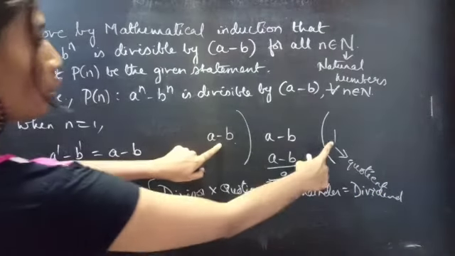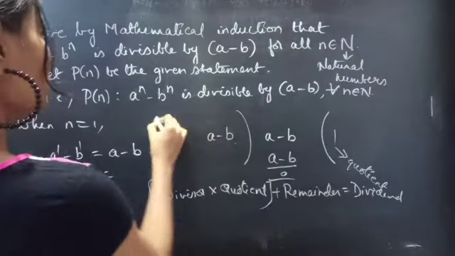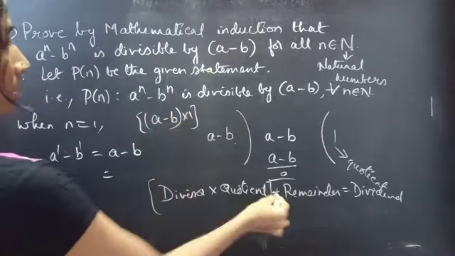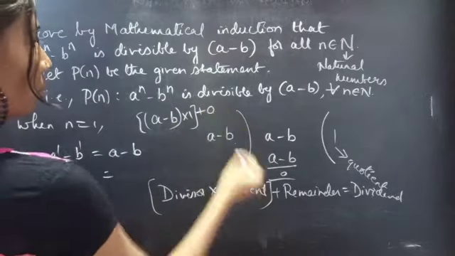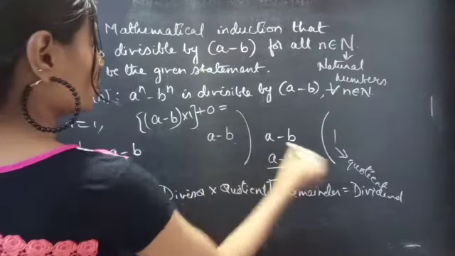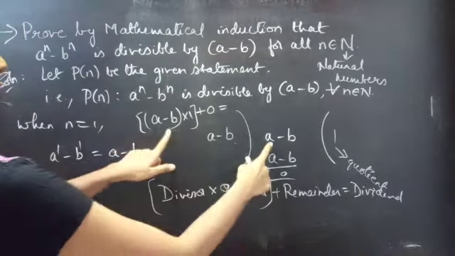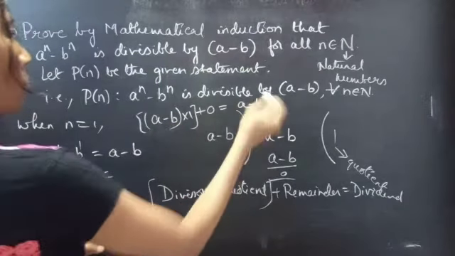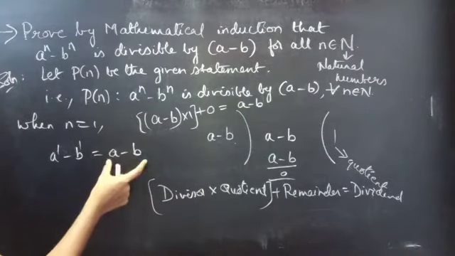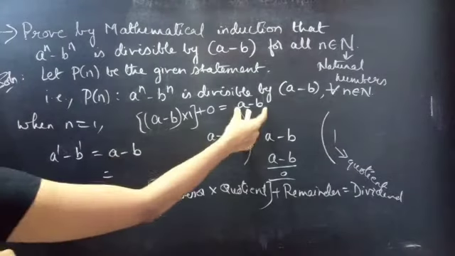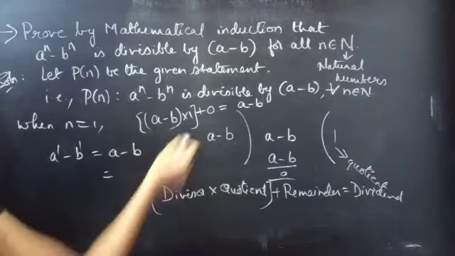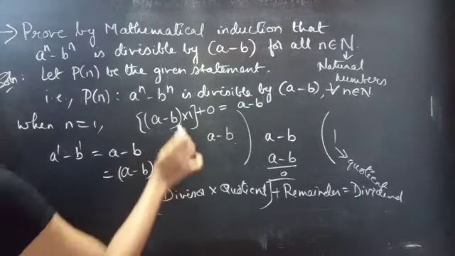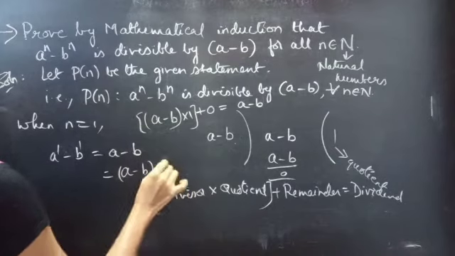Divisor into quotient is a minus b into 1 plus remainder, that is 0, equals, we have to get the dividend a minus b. See, a minus b into 1 is a minus b, right? So we'll write this a minus b as a minus b into 1.